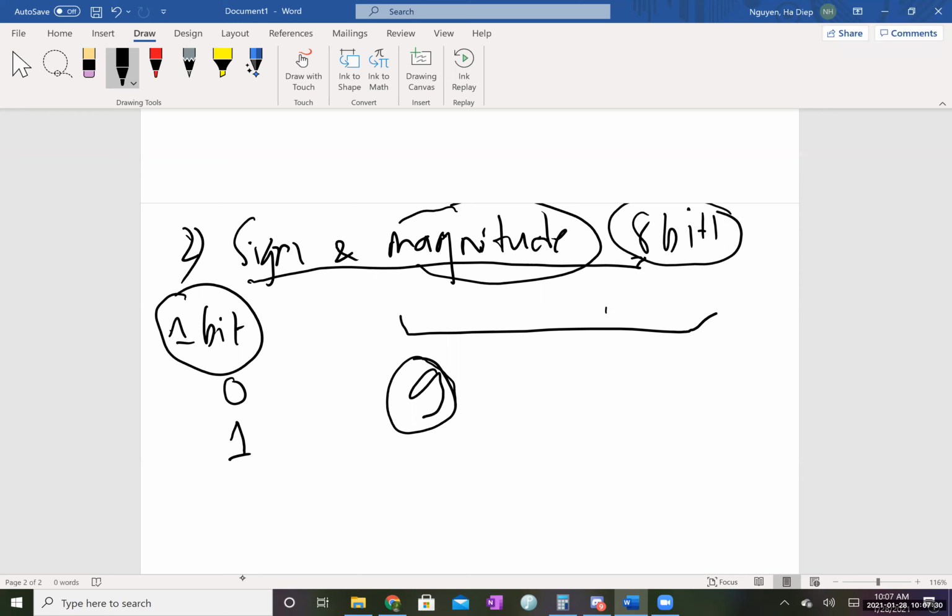Okay, so tell me, if you want to convert the number 9 to the sign and magnitude of 8 bits, what is it? What is the sign and magnitude format of the number 9 in 8-bit memory?